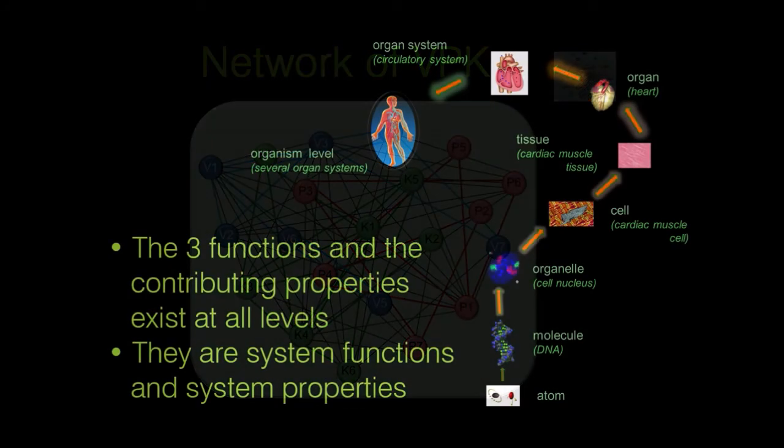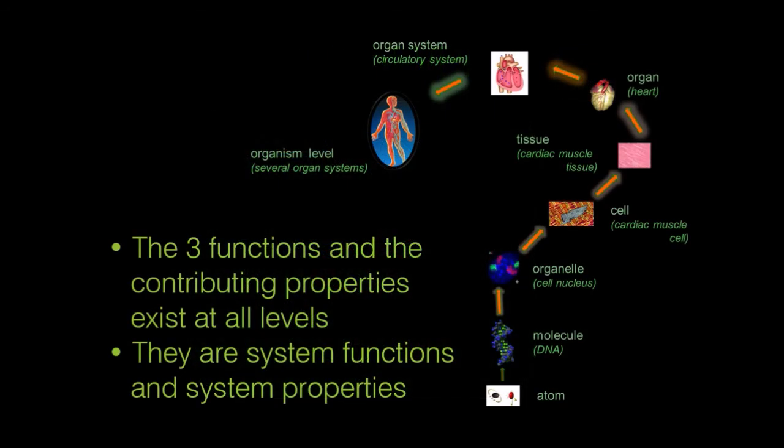So Ayurveda is basically talking of what we can call system functions, because you have these functions at all levels. You can see movement at this level to this level, right? So Ayurveda is talking of system functions, functions that transcend these hierarchical levels, and also properties which exist across the system.